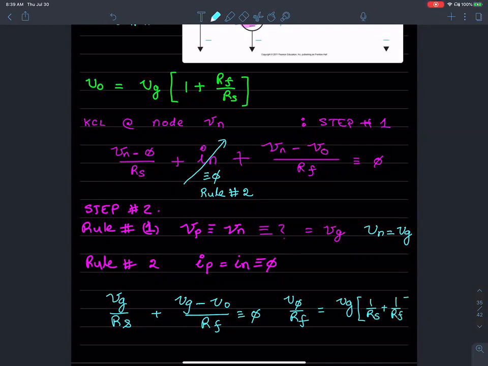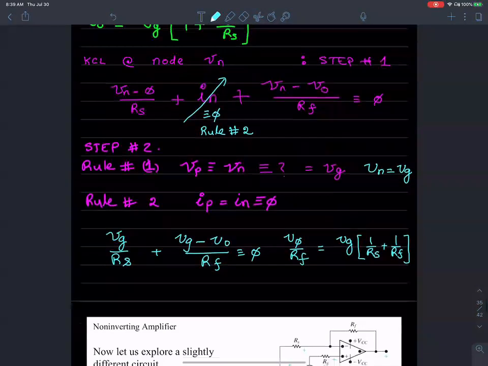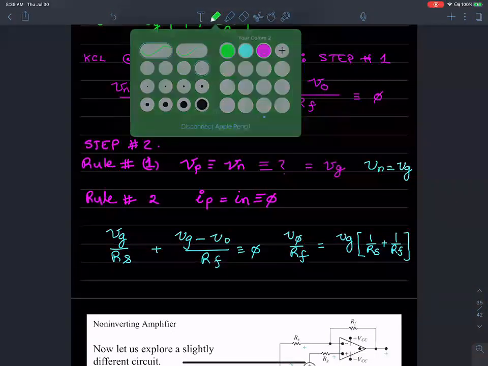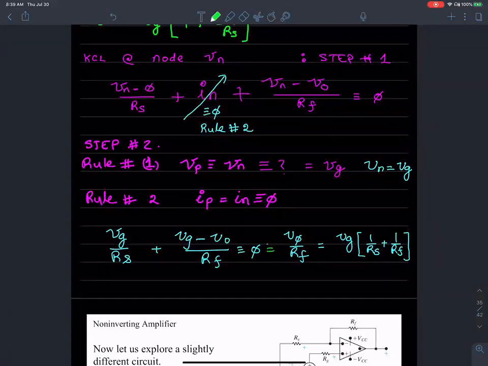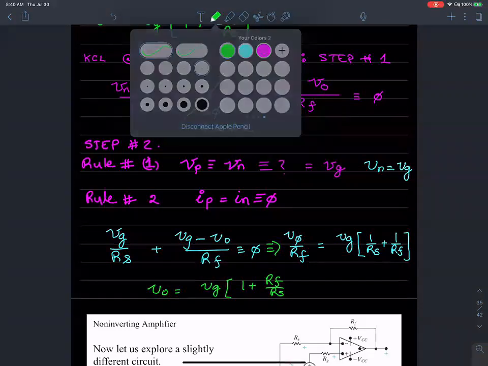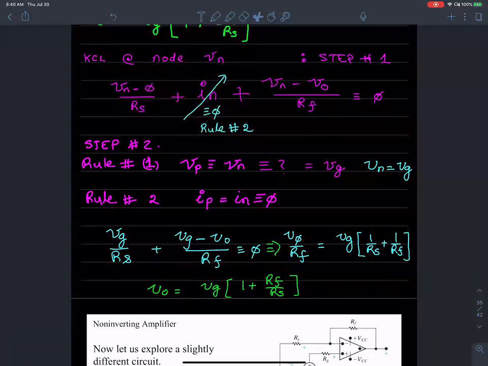Now I can multiply Rf on both sides of the equation to get something that looks like this. V naught equals Vg times 1 plus Rf over Rs. So that's exactly what we thought we were going to see.